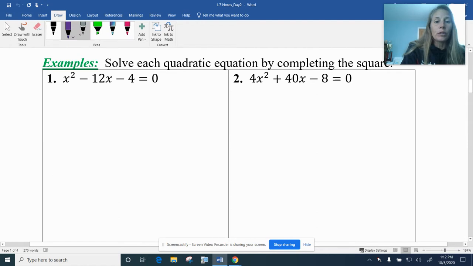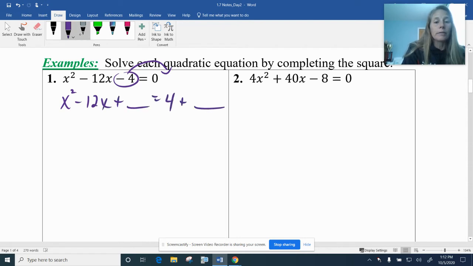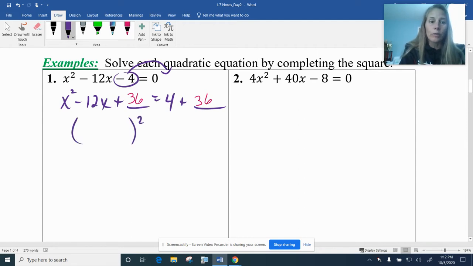Okay, so just as a quick review, the first problem here, we would have to move that -4 to the other side, making that a positive 4. Now you would use your perfect square trinomial. Half of 12 is 6. 6 squared is 36. Now you're able to factor this into the square of a binomial, (x - 6) squared, and then 40 over here.